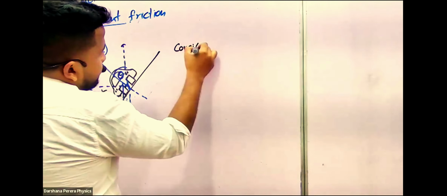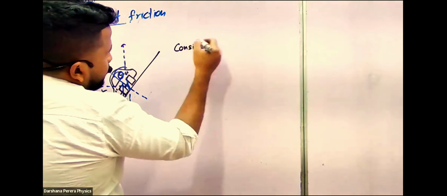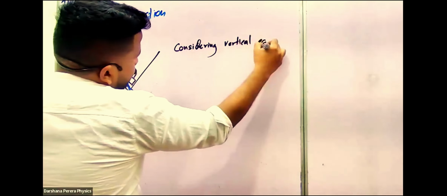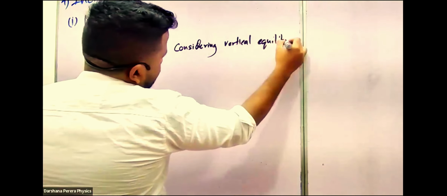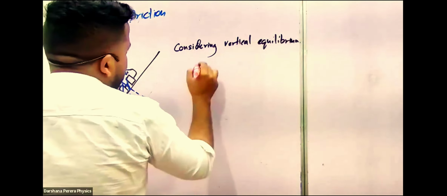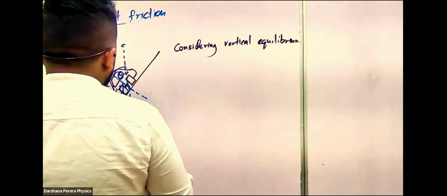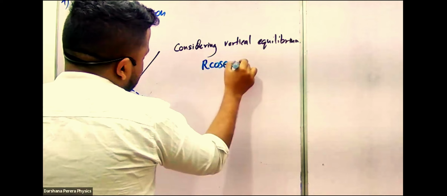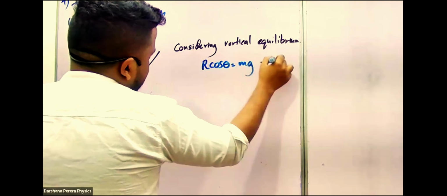Considering vertical equilibrium, we can say R cos theta equals mg. This is number one.